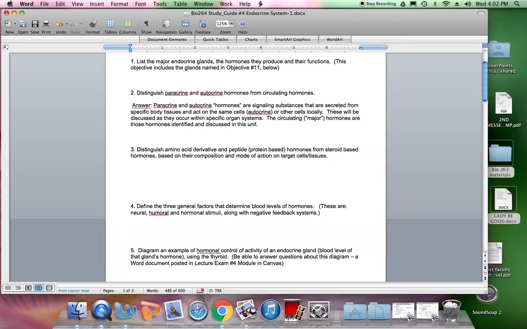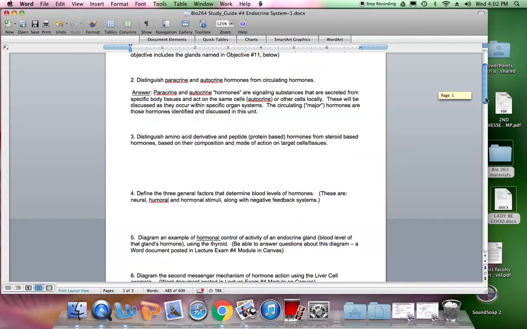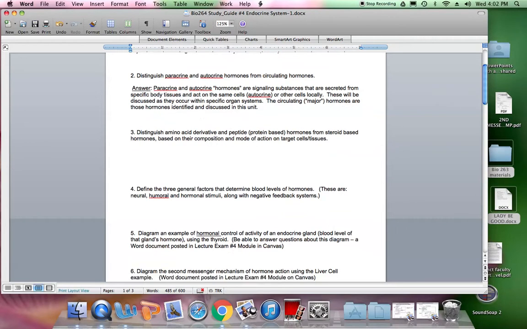Okay, 4. There's a great diagram in your lab module, actually, because remember, your lab practical number 4 includes the endocrine system. So I put in there a PowerPoint with just figures, and there's a great figure that actually has all 3 of these factors that will determine various hormones' blood levels.